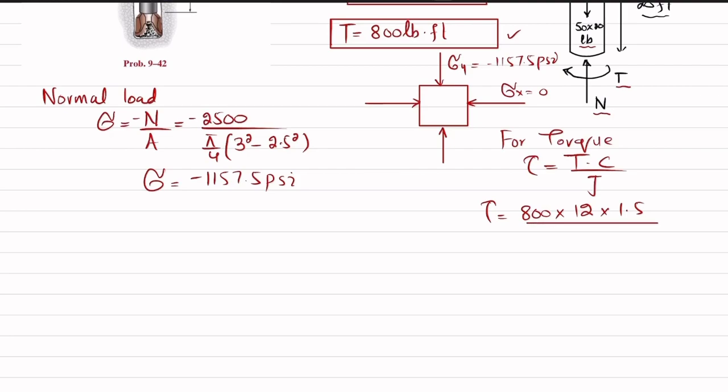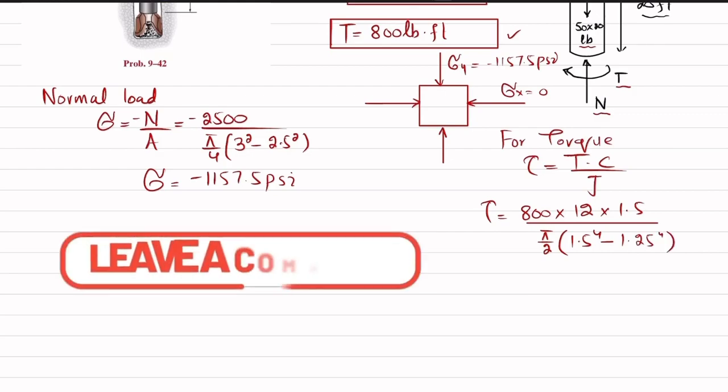And for circular hollow shaft or rod, it will be equal to pi by 2 times C outer, which is radius outer, 1.5 power 4, minus C inner, and C inner is 1.25 power 4.